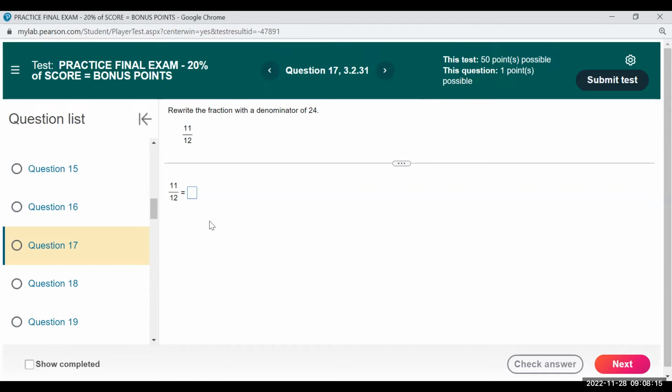Okay, it says rewrite 11 over 12 with 24 on the bottom.